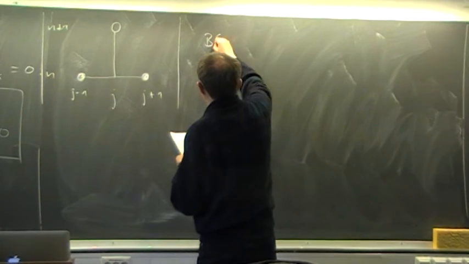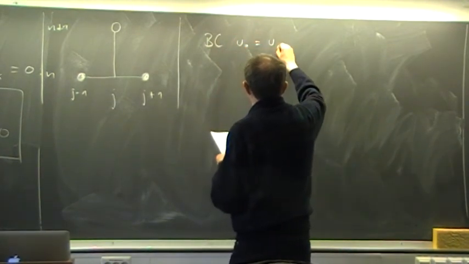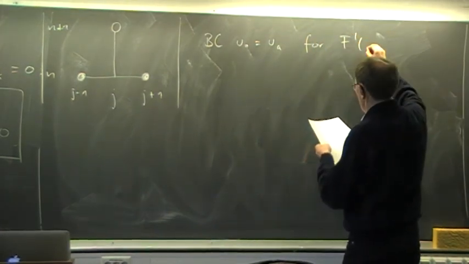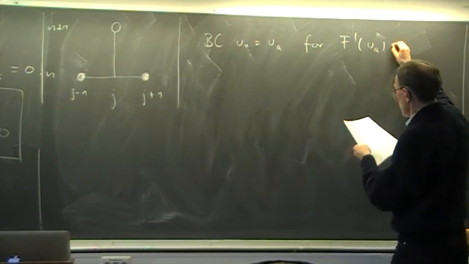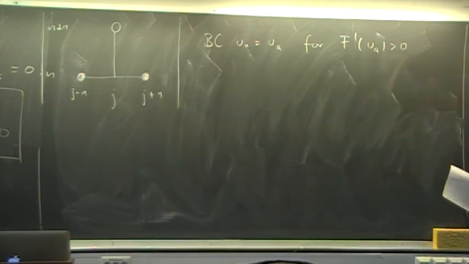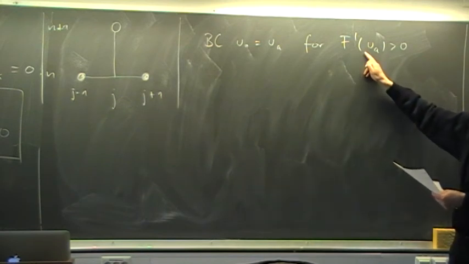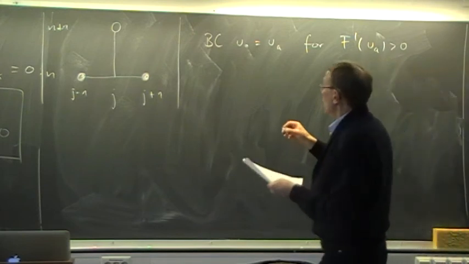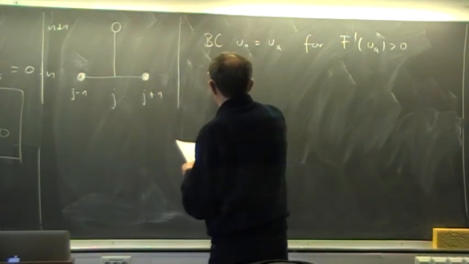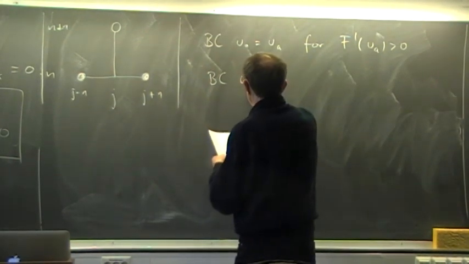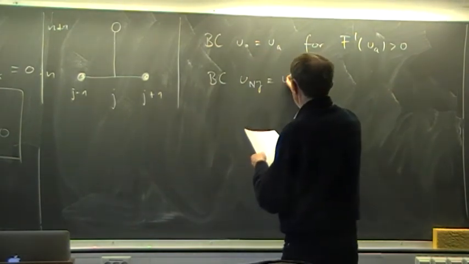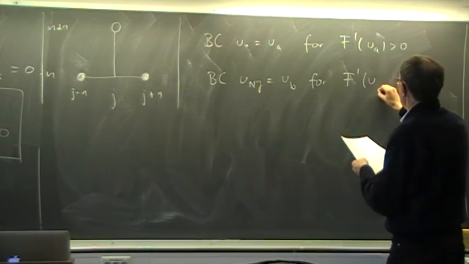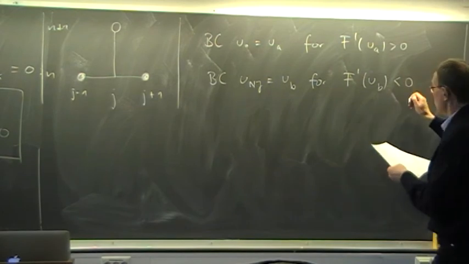So we have to use a boundary condition: u0 is equal to uA if f prime of uA is greater than 0. So then we will have inflow. The f prime, that is the characteristic speed. It is simply u for the inviscid Burgers equation. And we would use the boundary condition u_nj equal to some uB if the characteristic speed at the right boundary is negative. Then something would enter from the right.